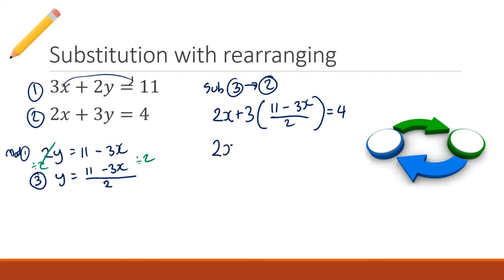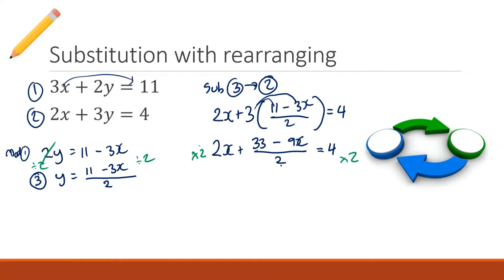2x plus, let's expand this. We're going to have 33 minus 9x all over 2 equals 4. Okay. Now at this point, what I would do is something a bit drastic. I'm going to multiply everything by 2.